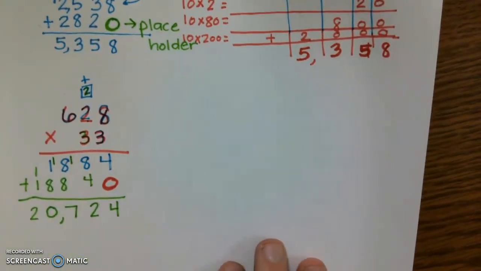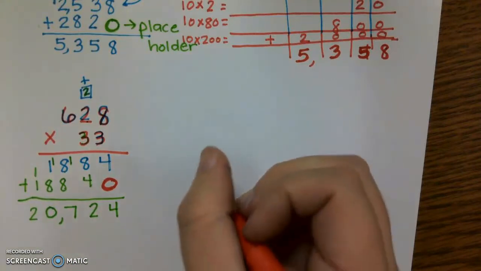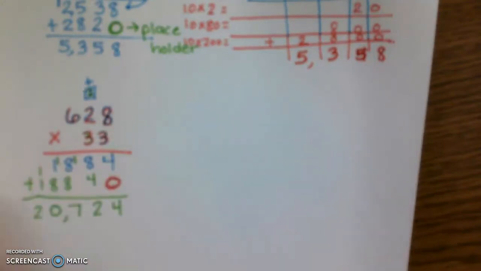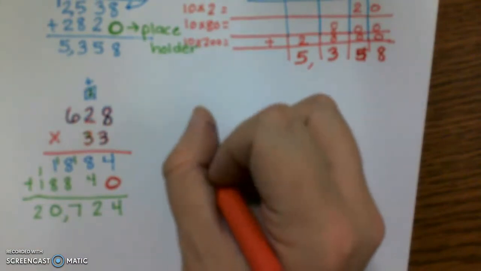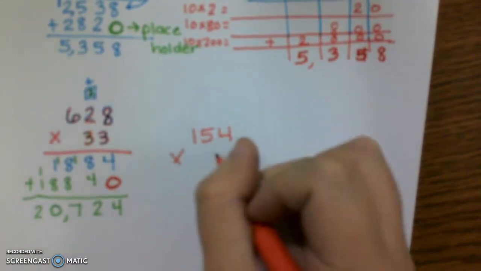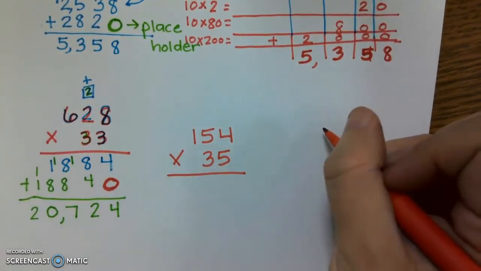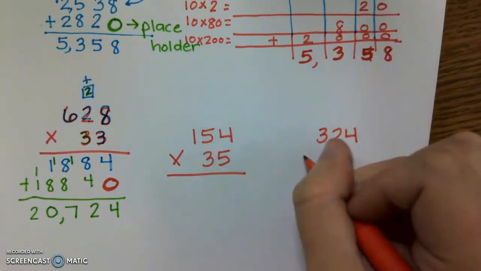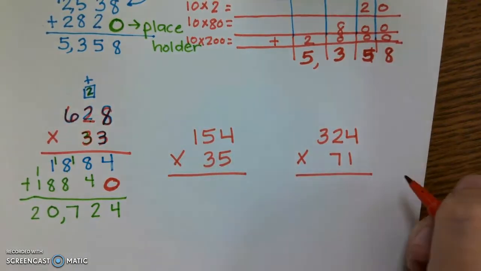Okay? So here are some practice problems for you to try. And this is a great time to pause the video, and then I'm going to go ahead and solve them so that way you'll have the correct answer after you try them and after you've paused the video. So these are ones for you to try. 154 times 35. 324 times 71.